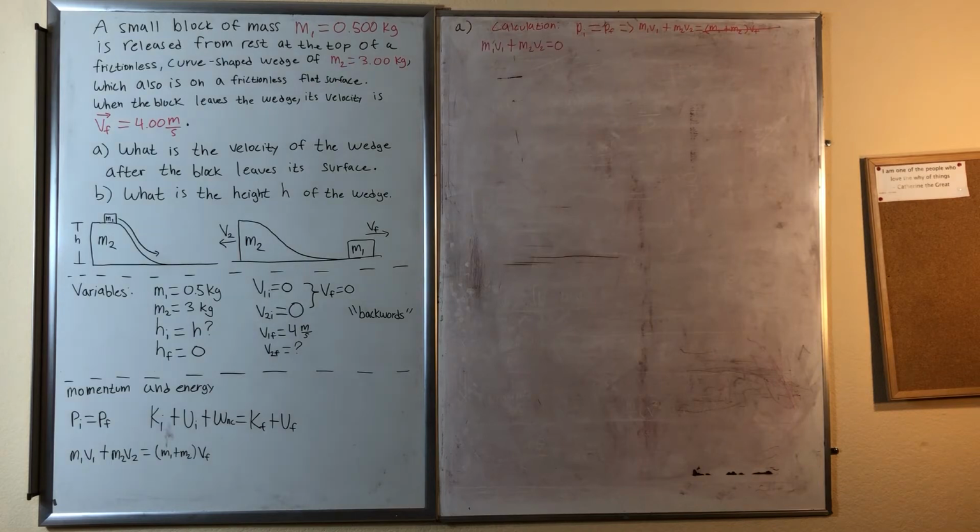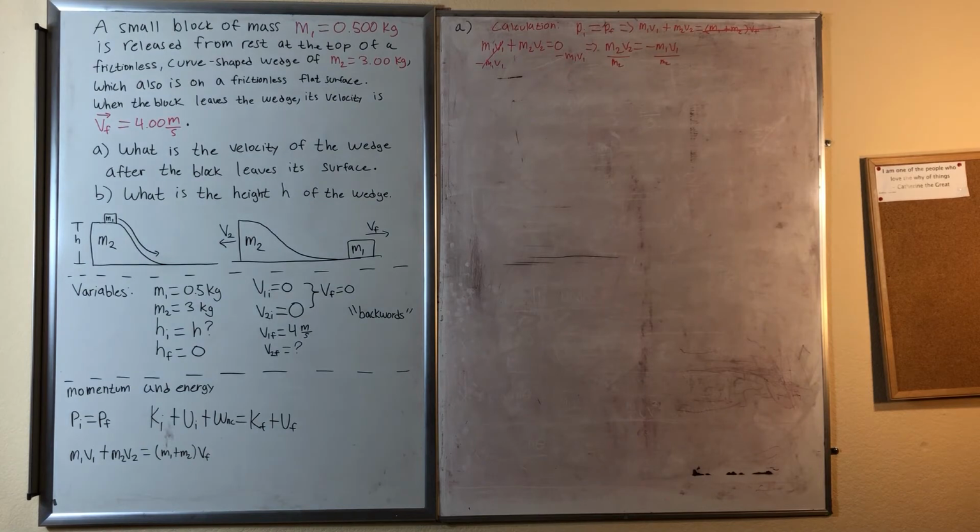This leaves just m sub 1 times v sub 1 plus m sub 2 times v sub 2 equals 0. Now we need to solve for the velocity v sub 2, so subtract both sides by m sub 1 times v sub 1 and cancel on the left to get m sub 2 times v sub 2 equals negative m sub 1 times v sub 1.